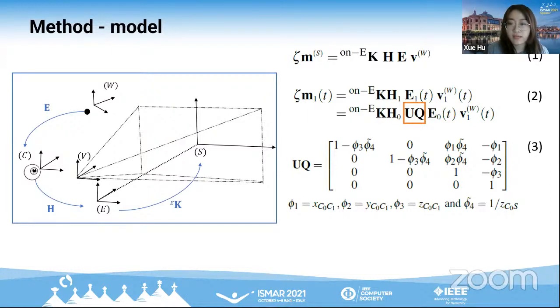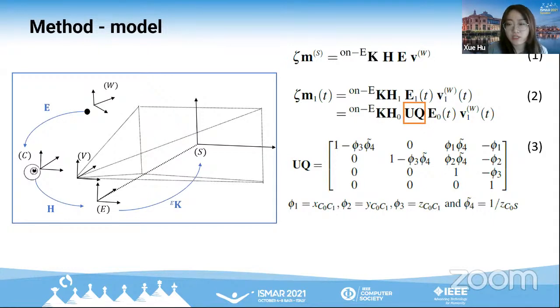Starting from an offline calibration at an arbitrary viewpoint, the new correct projection relation can be expressed using equation 2, where we let H1 equal H0 times U, and E1 equal Q times E0.